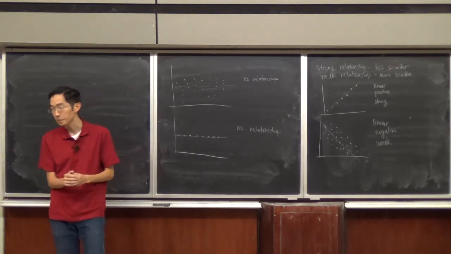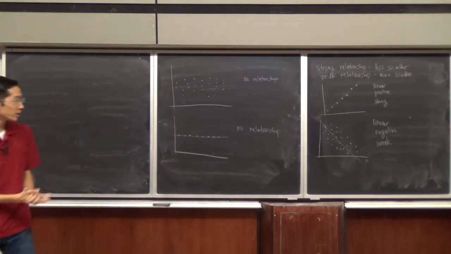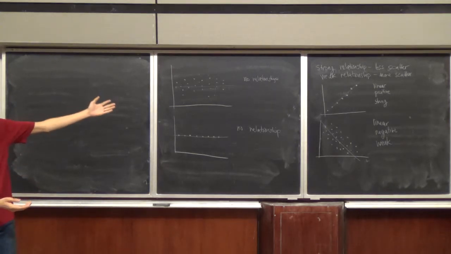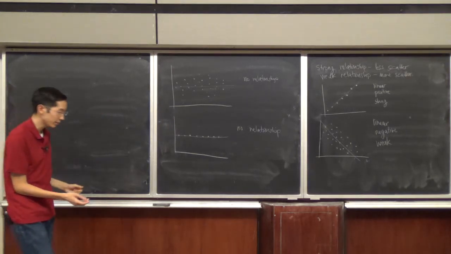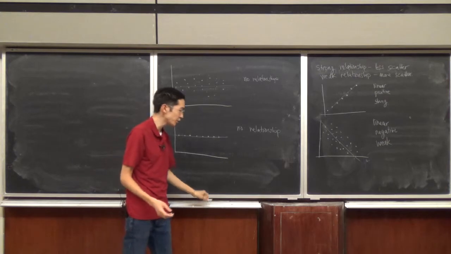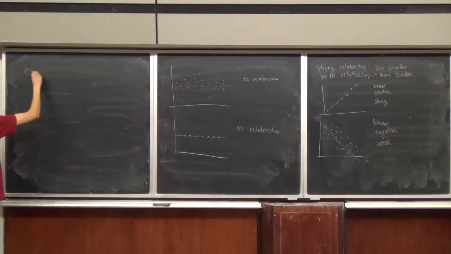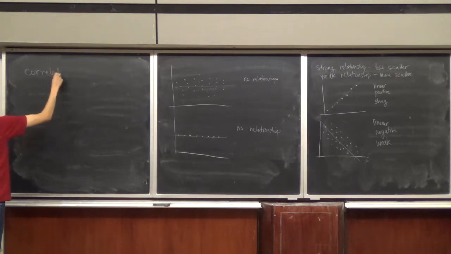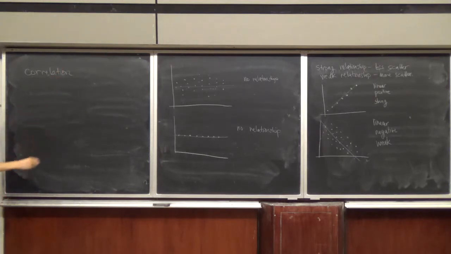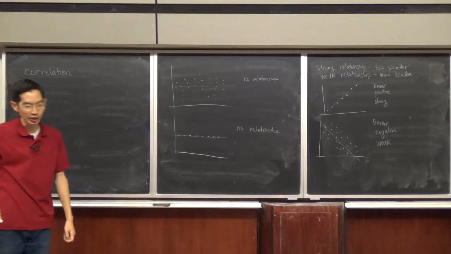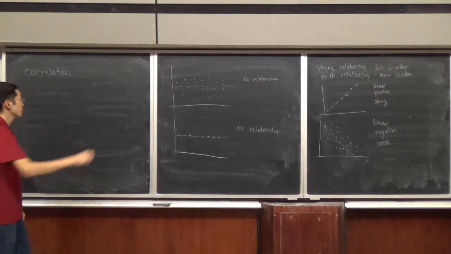We have the same type of thing for describing linear relationships. We have a summary statistic called correlation. Sometimes this is called by its full name, the correlation coefficient.